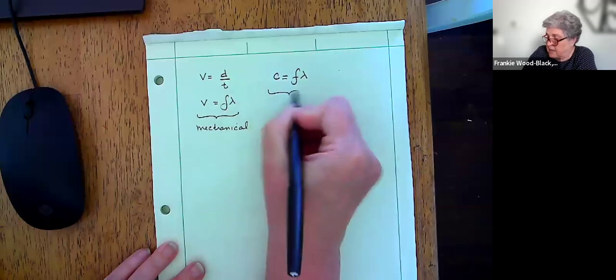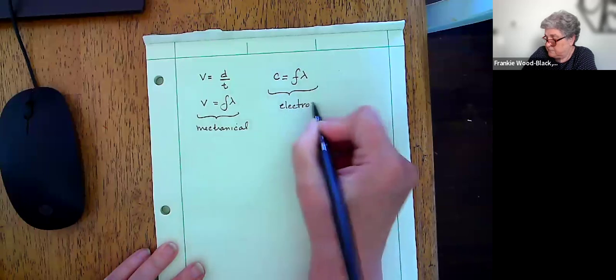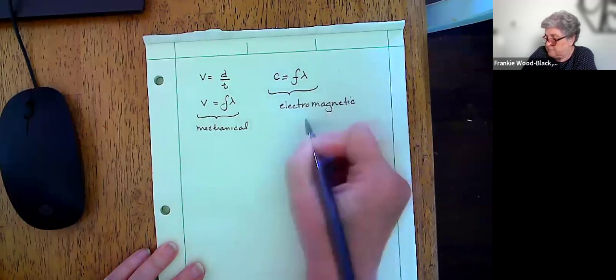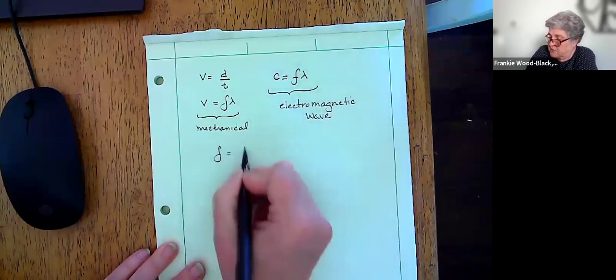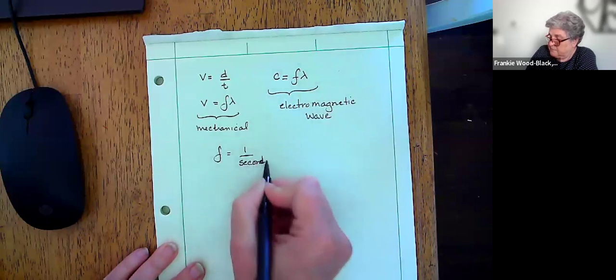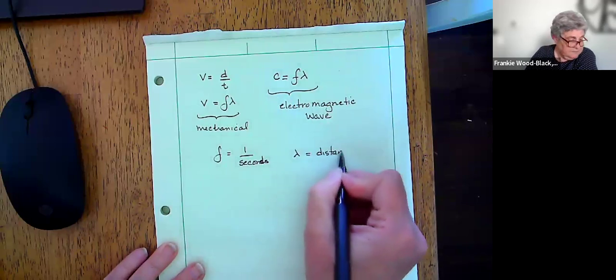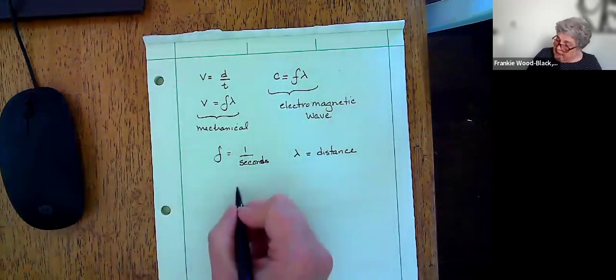This is for an electromagnetic wave. Remember, frequency is in units of 1/seconds. Wavelength is measured in a distance. So we can actually calculate that.